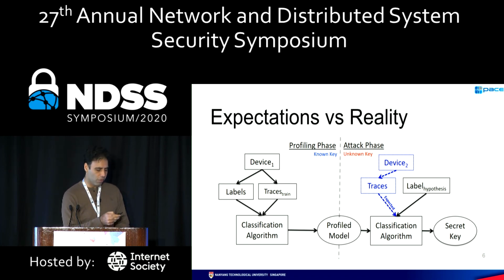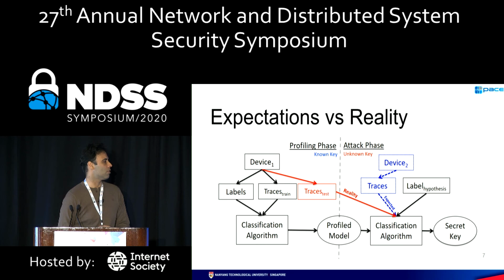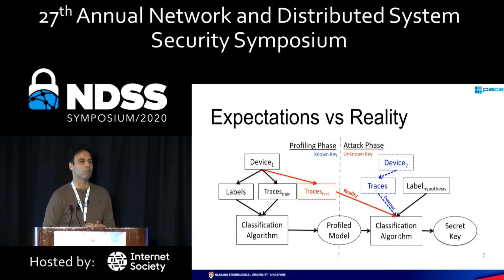But most of the work reported recently takes the testing set from the same device. This obviously introduces a bias into your analysis, and this can lead to pessimistic security evaluation.